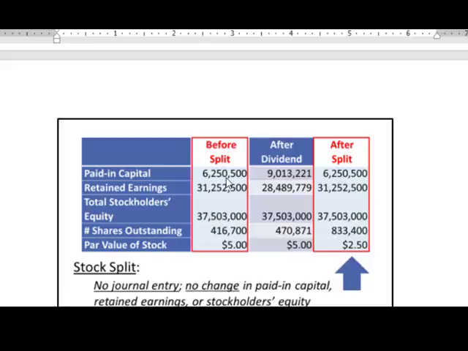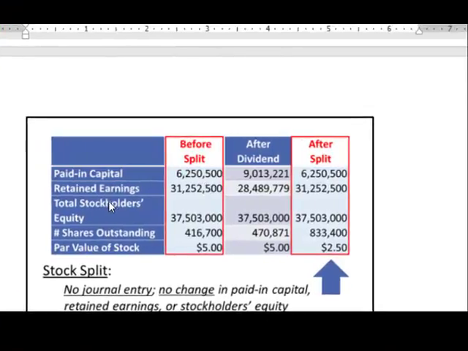So the number of shares double, but the par value actually decreases if we're splitting that stock into 2 shares. So every 1 share is split into 2, then our par value is also split into 2, and it will be half the par after the split.